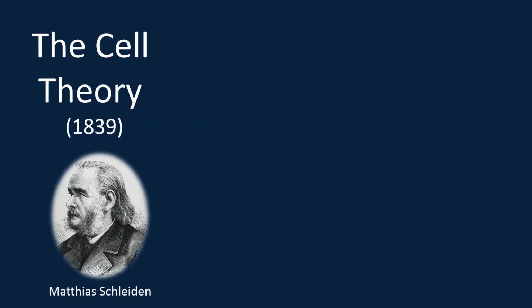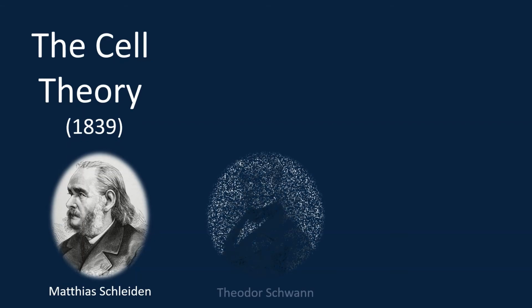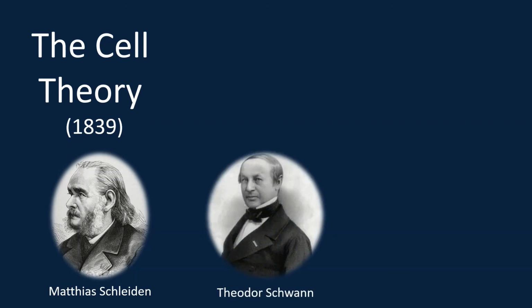Many years later, when scientists and people have become very much aware of the presence of cells, the cell theory was born. But it didn't always stay as it is, as we know it today. Two scientists, a botanist, Matthias Schleiden, and a zoologist, Theodor Schwann, actually looked at specimens of both plants and animals, countless of them, under the microscope.